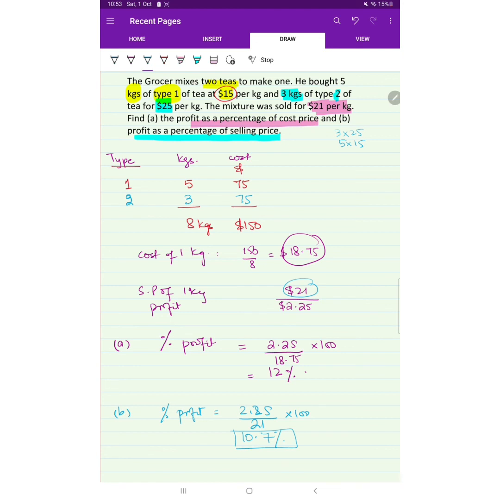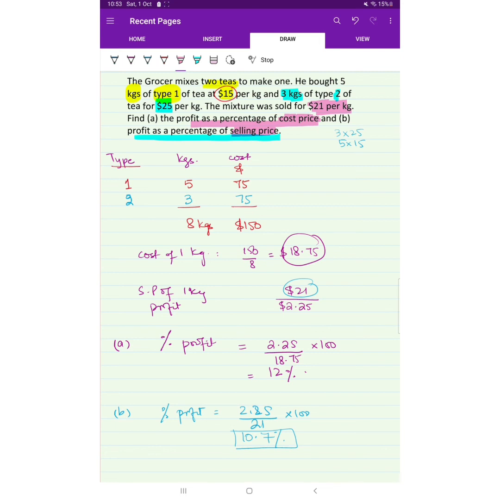Alright, so the key here was that if the question says that you have to find a profit percentage, by default you will always take it on cost. But if the question has mentioned something else, for example, here there were 2 different parts where the question asked you first to do it with the cost price and then with the selling price, you will do it separately. When you have to do it on the selling price, then your denominator will be the selling price.